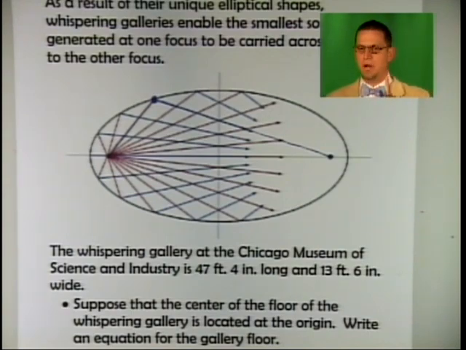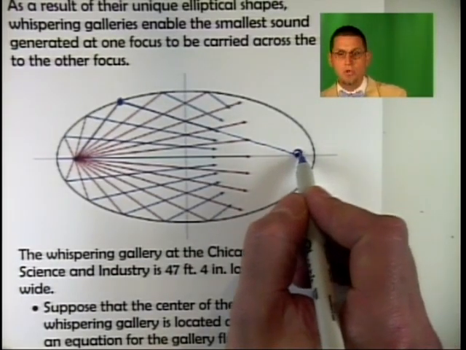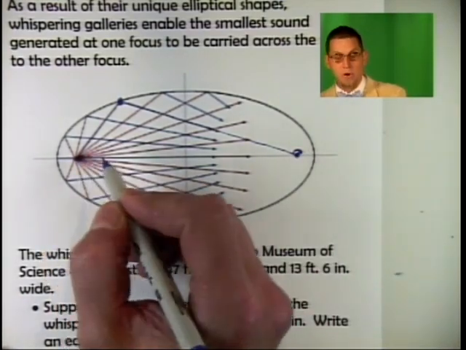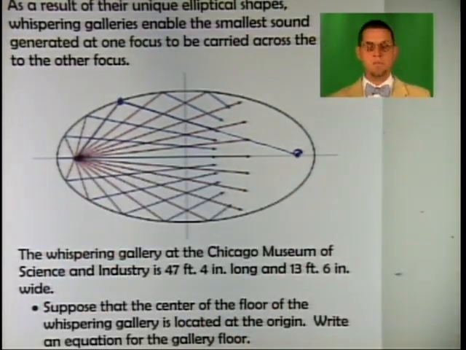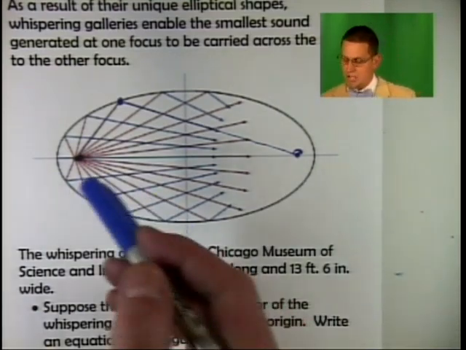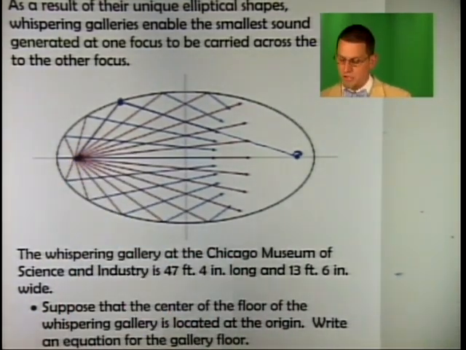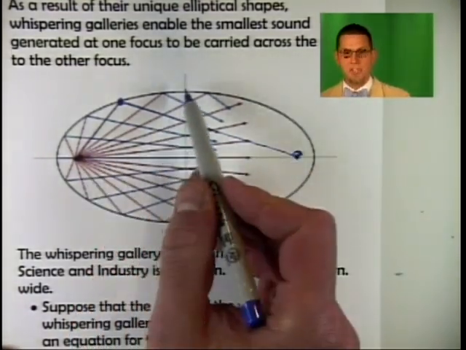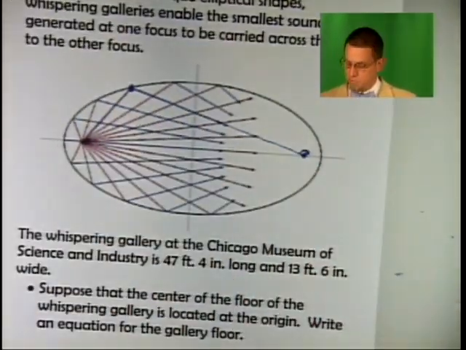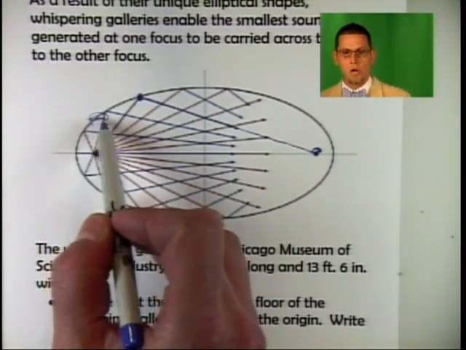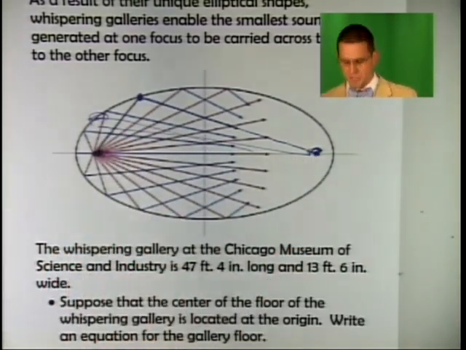But yet, if they're at a particular point across the room, and you're at the particular point on the other side of the room, and you whisper the same thing, math is fun, they can hear you much more clearly than if they're standing 5 feet from you. And that's because anything that you say standing at one focus will travel in all directions, or the direction you're speaking to, bounce off the walls, and it'll be concentrated directly at the other focus where the other person is hearing it.